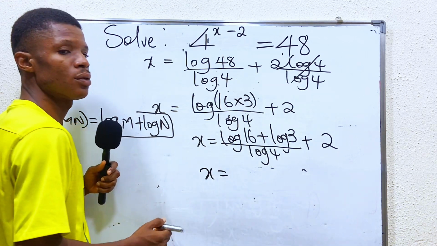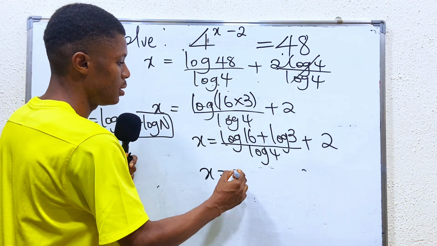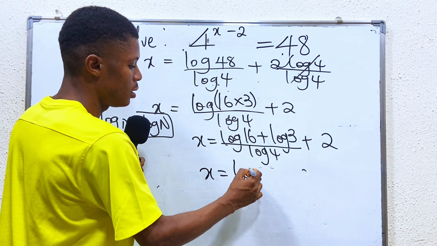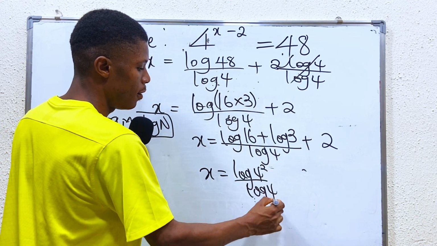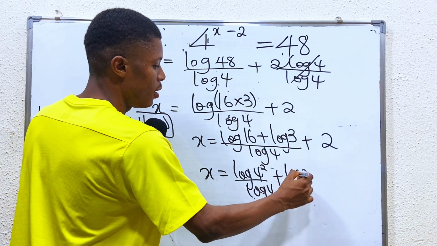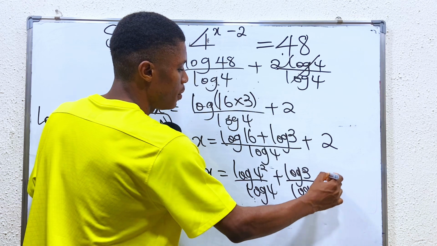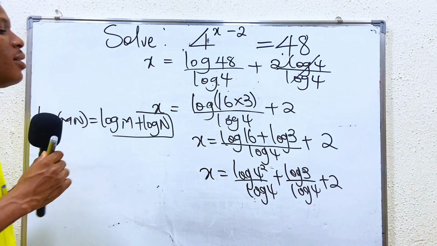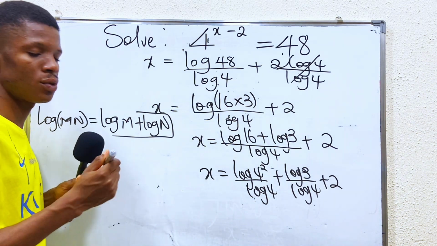x is equal to, 16 can be seen as 4 squared. So we can now take it to be log 4 squared over log 4, plus log 3 over log 4 plus 2. Okay? So if we have this, we use this 2 to multiply the log as usual.